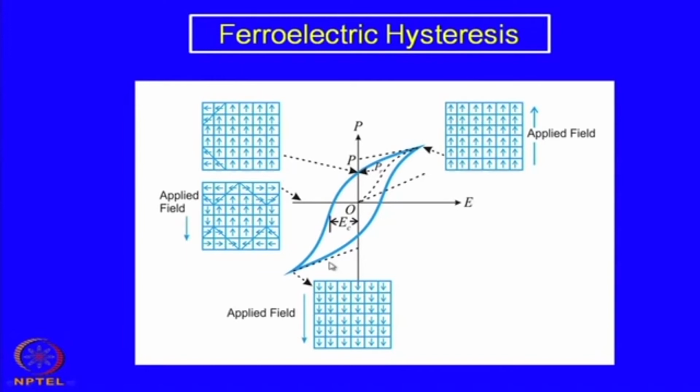All ferroelectric materials have this characteristic, and that is because of the domain structure: the movement and orientation of the domains takes a larger time than the application of the electric field. So, this is our ferroelectric hysteresis.